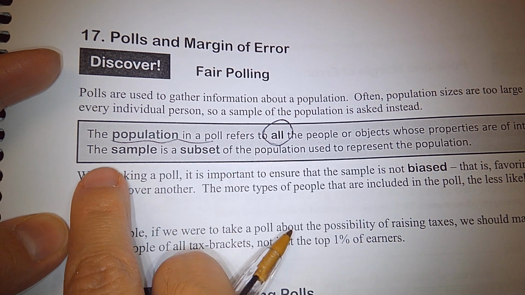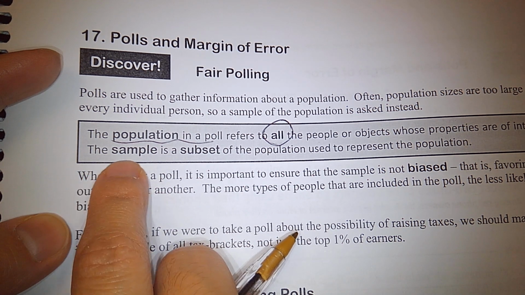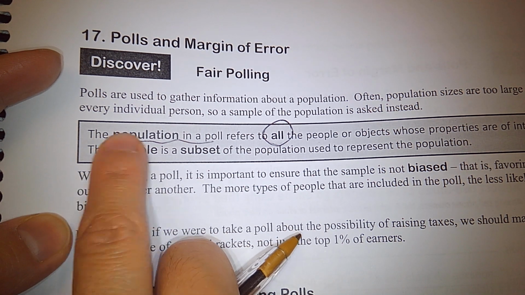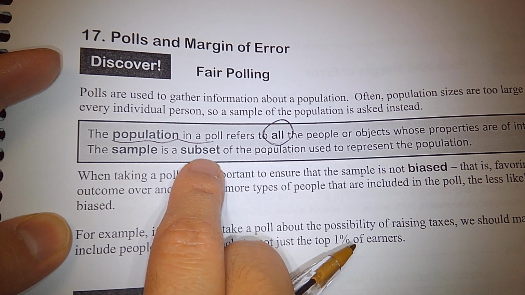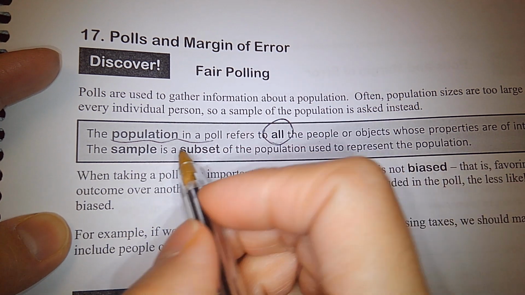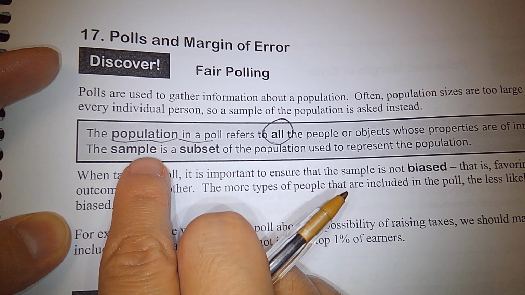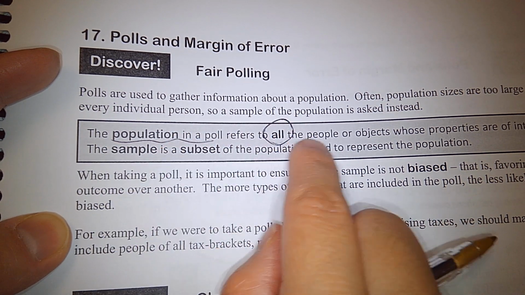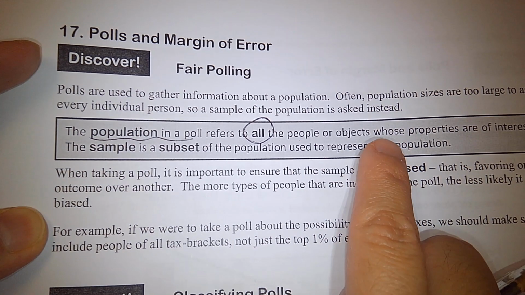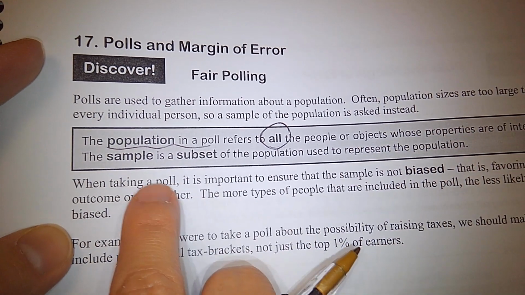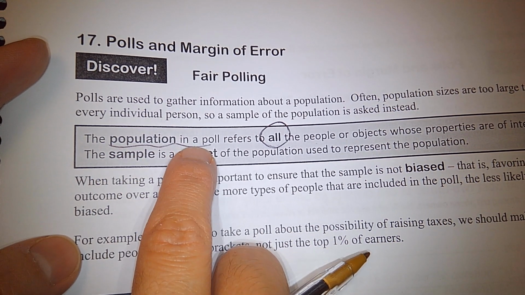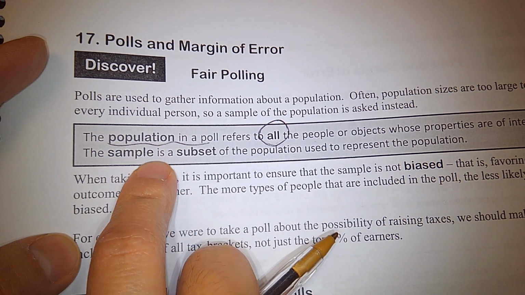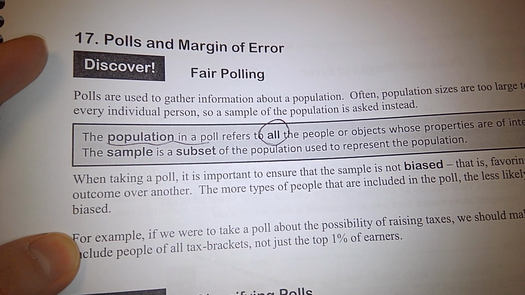On the contrary, a sample is what? A subset. It's not everybody. In order to study the population, all of the people or objects whose properties are of interest, we are not able to study everybody, so we have to study a sample from this everybody.